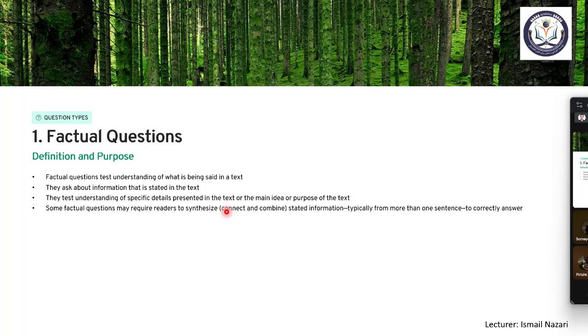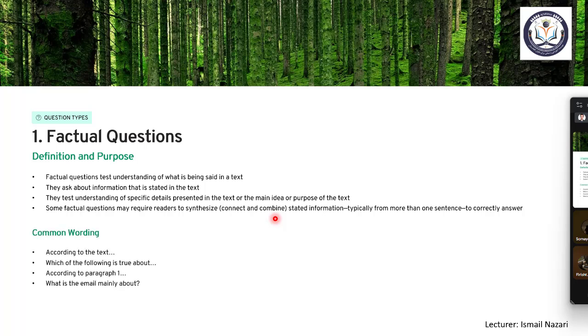It is very close to inference, but the only difference is that here the fact is stated, whether directly or by putting different parts of the passage together. We need to connect different parts of the passage and then choose the right answer to the question.